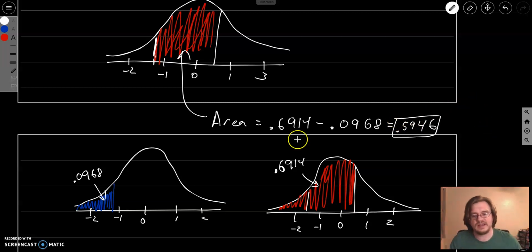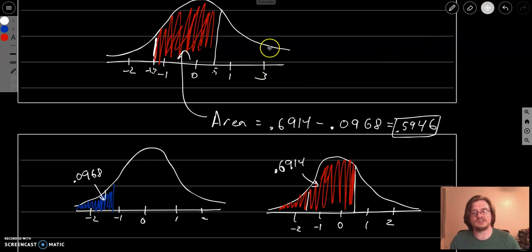So again, we want to find the area between these two values, between 0.5 and negative 1.3. And the way that we do that is we find all of the area to the left of 0.5, and we're going to subtract away the bit we don't need. We're going to subtract away the bit to the left of negative 1.3.